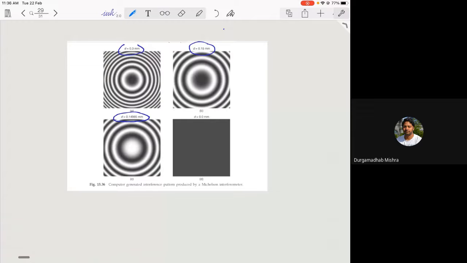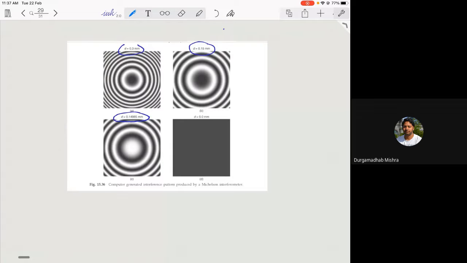So now if you are very sensitive with your micrometer scale, with which you can observe this change in fringe pattern, you can actually detect whether there is an external disturbance or not. And you can then calculate the wavelength of that external disturbance. How? It is very easy.